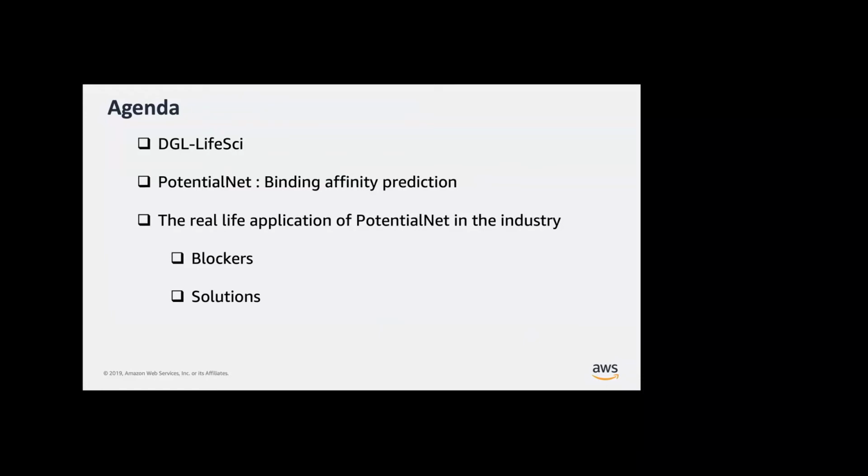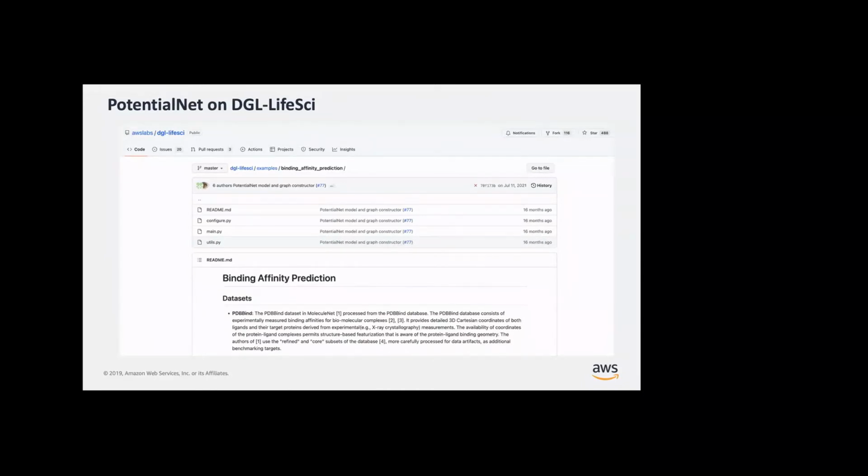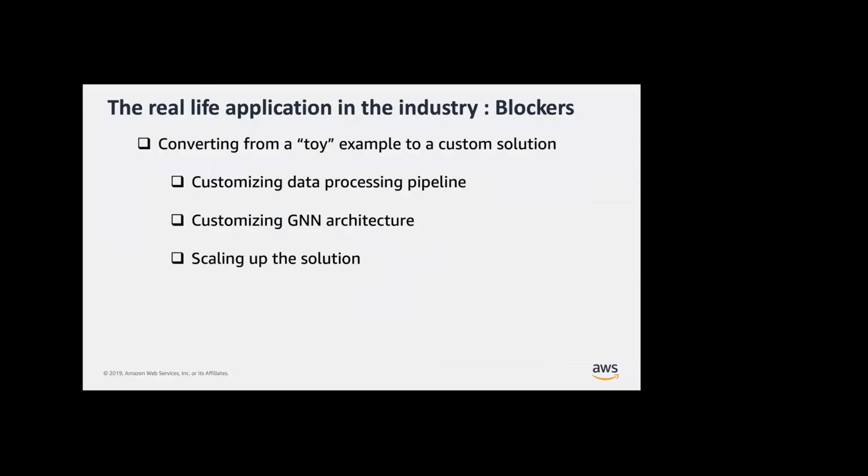Okay, so now let's go to the third part. What is the actual pain point in a real life application? Again on this page, DGL Life Science provides a sample script, but what did our customer need to modify to meet their industry requirements? That's what I'm talking about: the real life application in the industry, converting from a toy example to a custom solution.